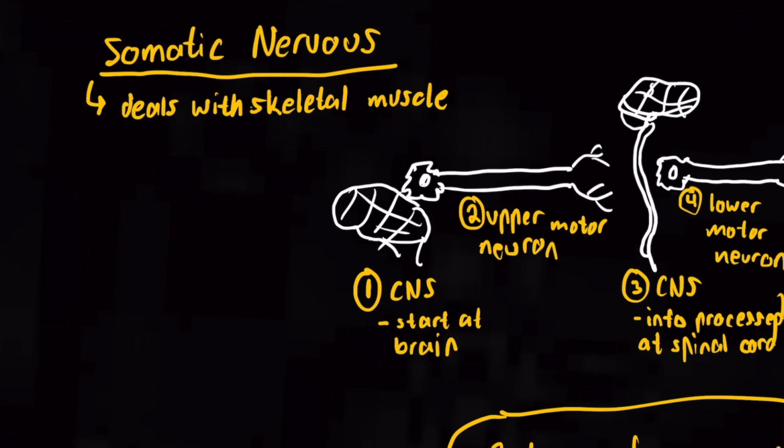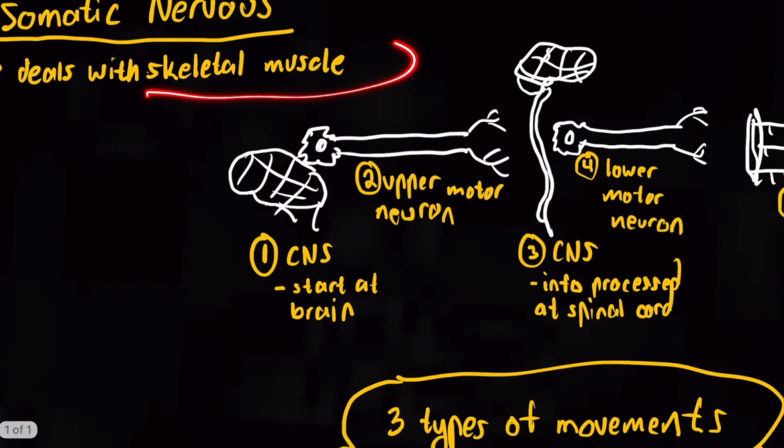Unlike the autonomic nervous system, which deals with smooth muscles, cardiac muscles, and glands, this one deals with the skeletal muscles. So, when information goes from the brain or from a central nervous component, it goes to the skeletal muscle rather than the smooth muscle, cardiac muscles, or glands.